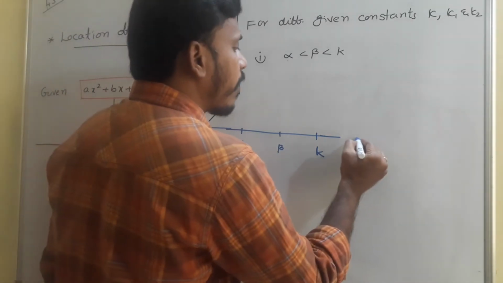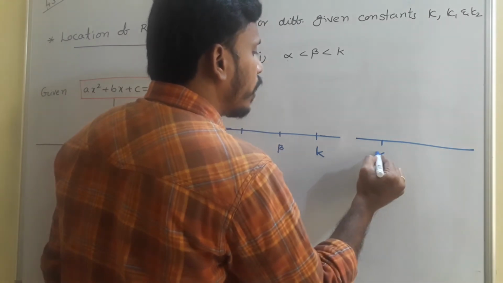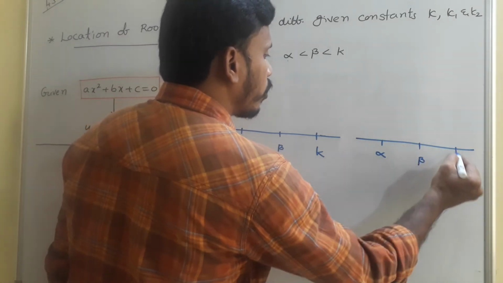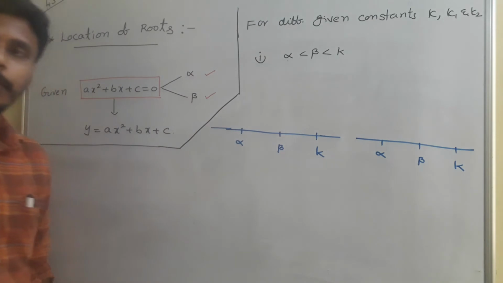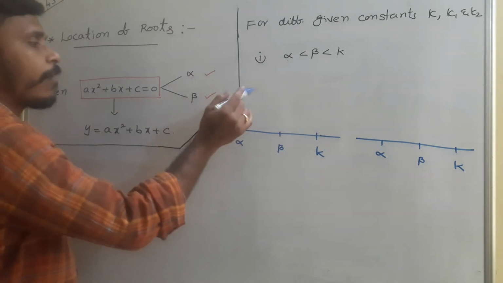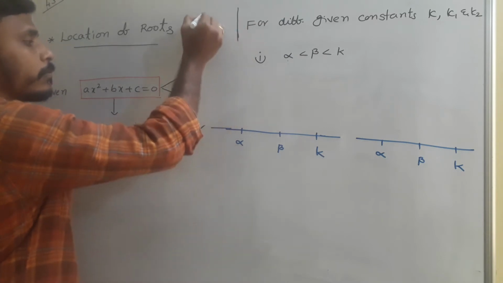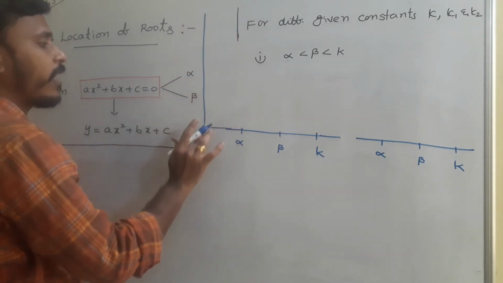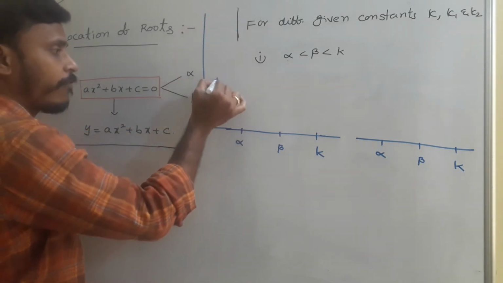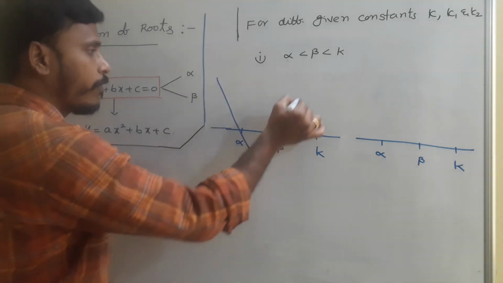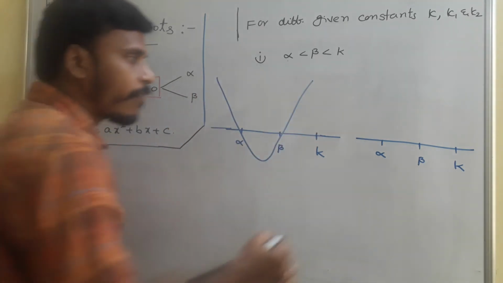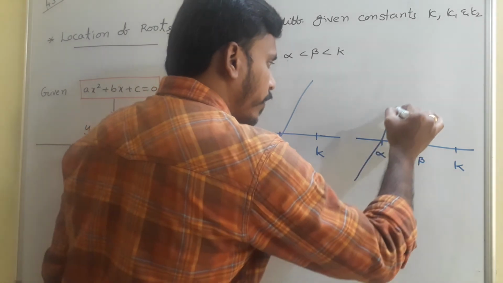I don't know whether the graph is upward or downward, so I need to analyze the situation in two different possibilities. Alpha less than beta less than k. If the graph is an upward parabola, the graph will be like this. This is the graph of the given expression. If the graph is a downward parabola, then this is the situation.